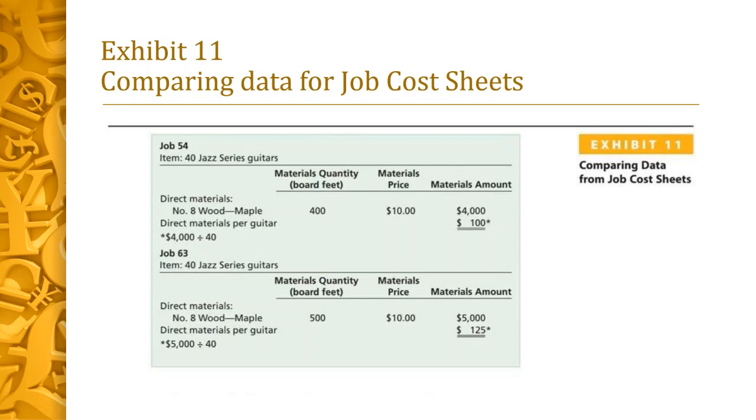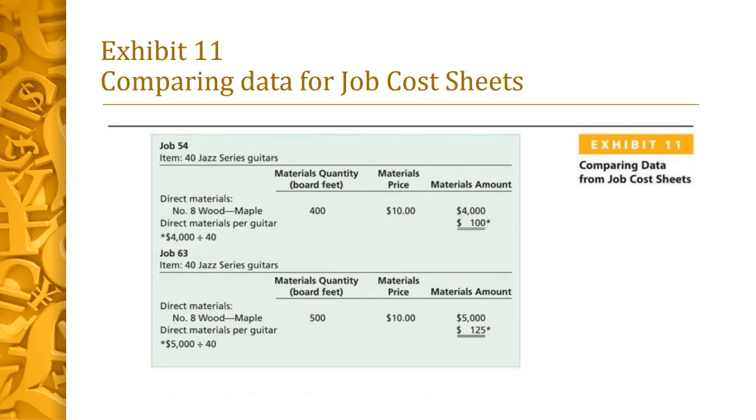The job cost sheets shown in Exhibit 11 can be analyzed for possible reasons for the increased materials cost for job 63. Because the materials pricing did not change, that's $10 per board foot, the increased materials cost must be related to wood consumption.